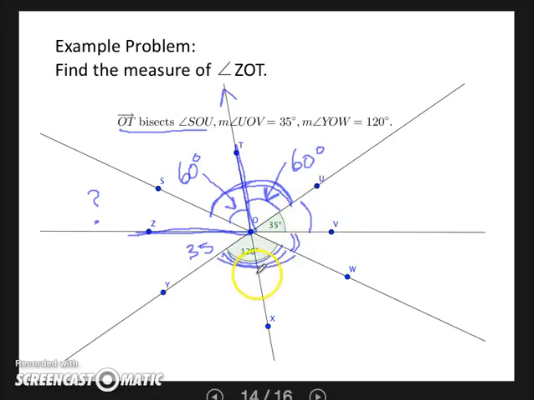These three angles form a linear triple. And because of that, we know that their measures add up to 180 degrees. So that fact is going to allow us to find the measure of this angle. 120 plus this angle here, angle WOV, plus 35 equals 180. So I'm going to write that over here.